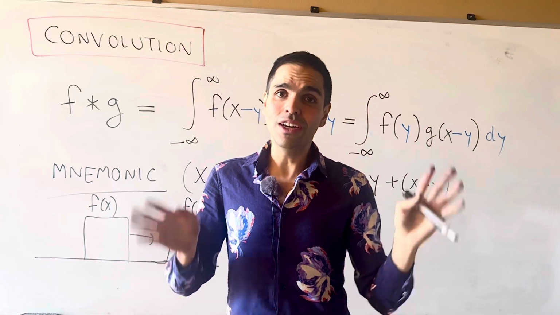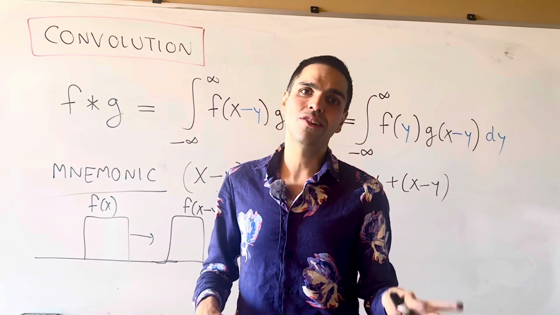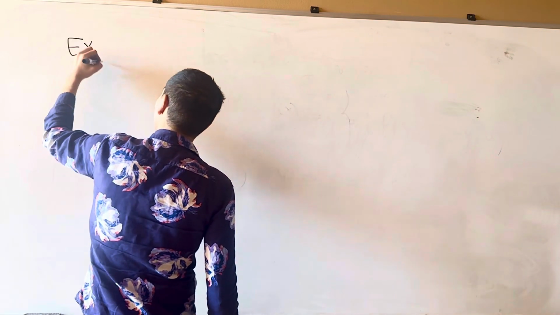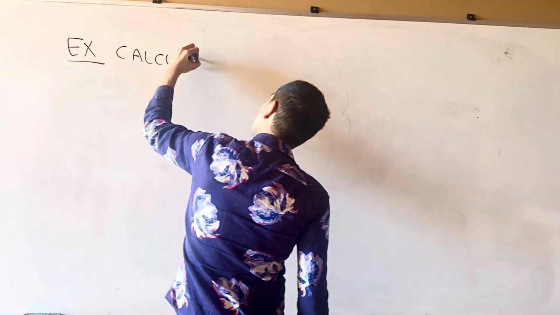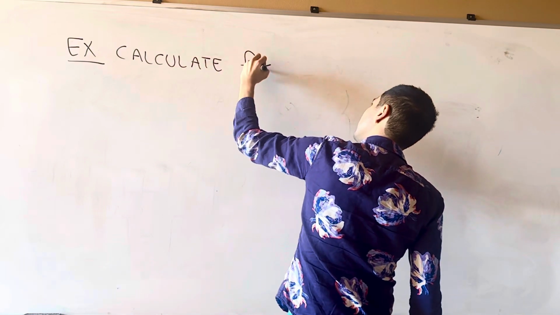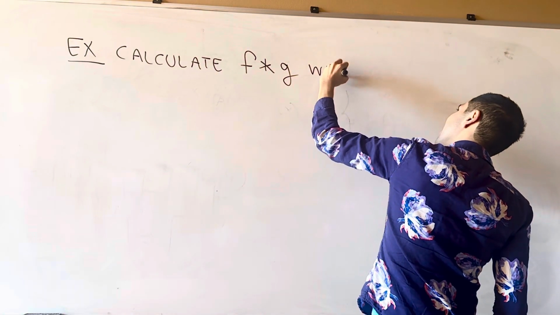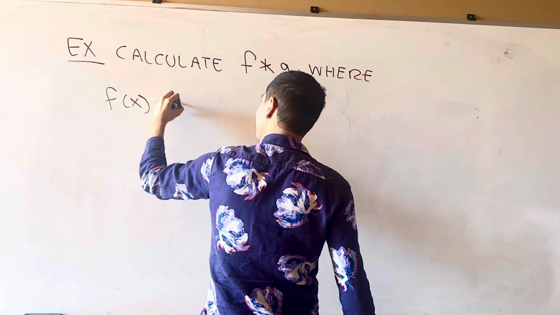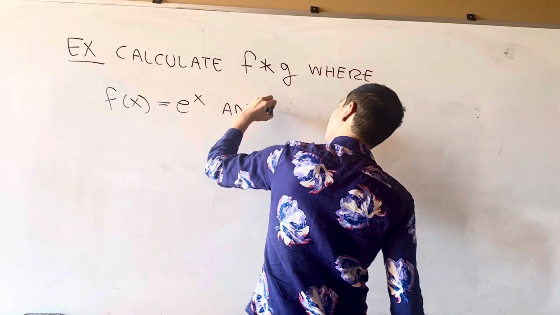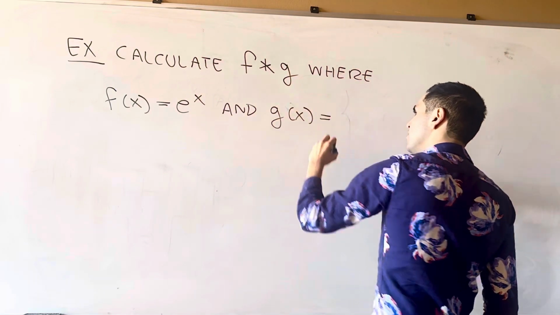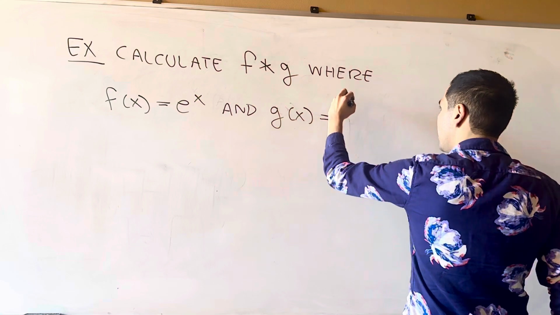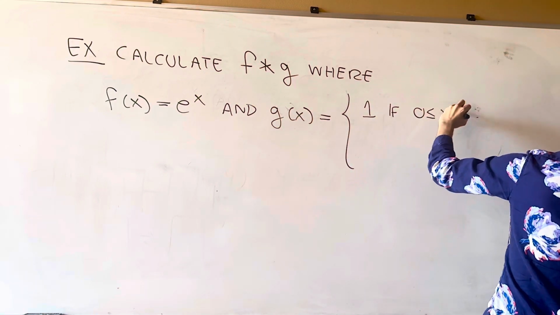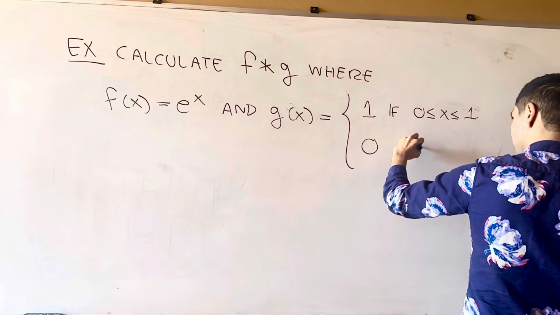Now, what we want to do is a concrete example to see what it looks like. So let's calculate f star g, where f of x is the exponential function e to the x, and g of x goes from 0 to 1 and back, so it's 1 if x is between 0 and 1, and 0 otherwise.